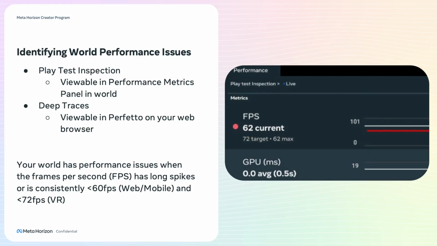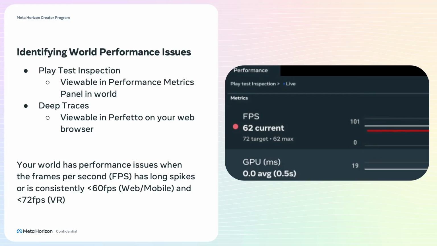The other way you can identify issues is through a deep trace, which for viewing that, you would have to use what's called Perfetto. If you're unfamiliar with that, it's basically a website where you can read the metrics that are output from Horizon during a deep trace, and we will definitely be going over that in the next few slides.